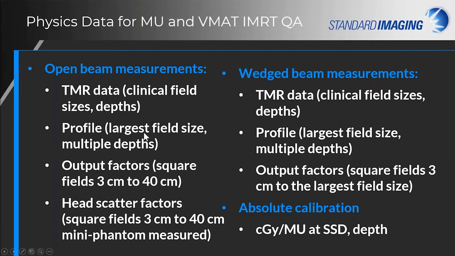The off-axis profile for the largest field size at multiple depths, the output factors over a clinical range where you would like your model to be valid, the head scatter factors for the same range, wedged beam measurements, again, the same data, TMR data, a profile for the largest field size at multiple depths, and output factors or wedge factors for these same field sizes.